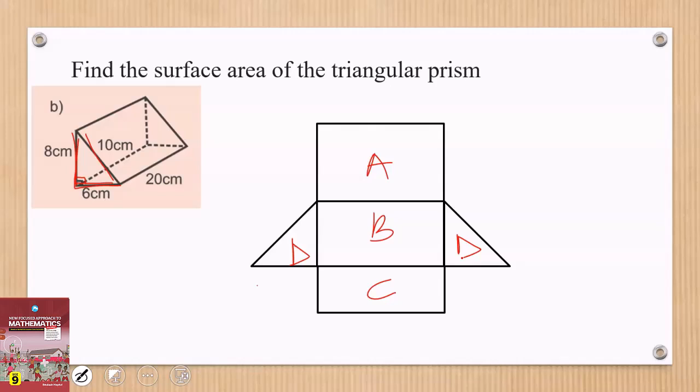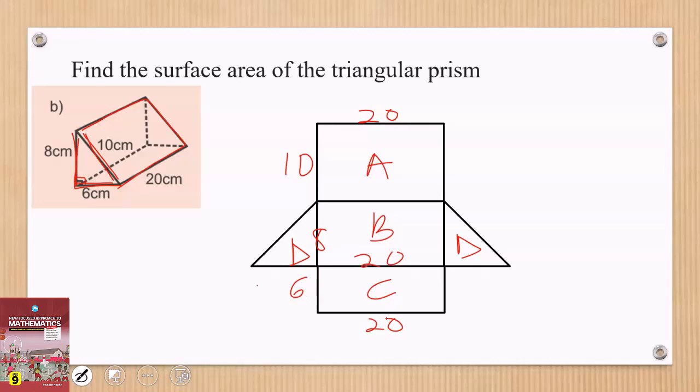By the dimensions, you can see that area A will have a dimension of 20 by 10. That is area A, the bigger part. Then area B will have a dimension of 8 by 20. Then area C also will have a dimension of 6 by 20. So this is how it is going to look.